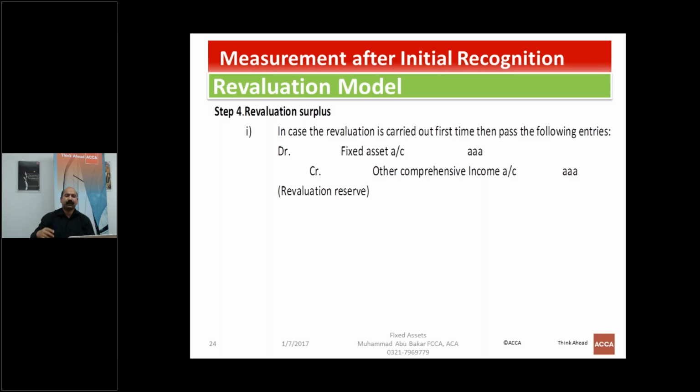In step number 4, there are a few situations. If there is a surplus, revaluation surplus, and this is the first time a surplus is there, you will be passing this entry with the total amount, AAA.